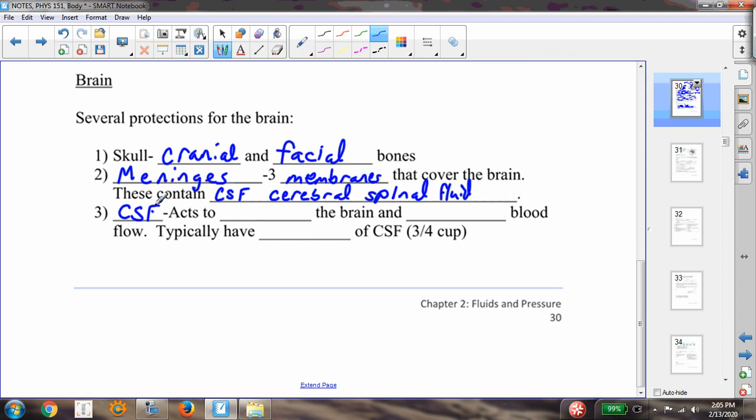CSF acts to cushion the brain and regulates blood flow. Typically, we have about 150 milliliters of CSF in our brain and spinal cord. 150 milliliters is approximately 3/4 of a cup.